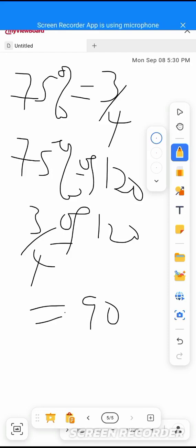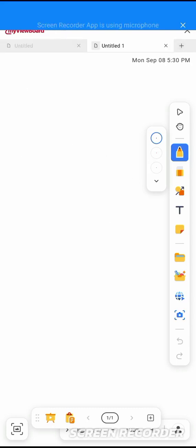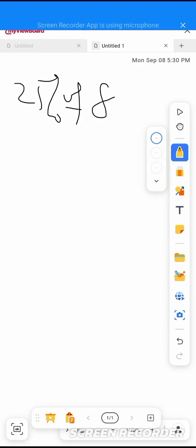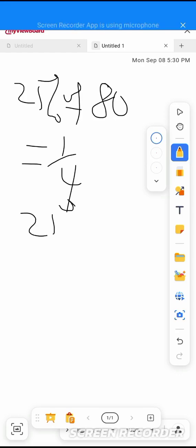So that's how you solve for 75%. Oh, and I also skipped one, which is 25%. So if you're asked to find 25% of any number, let's say 25% of 80. What is 25%? 25% can also be referred to as 1 over 4.